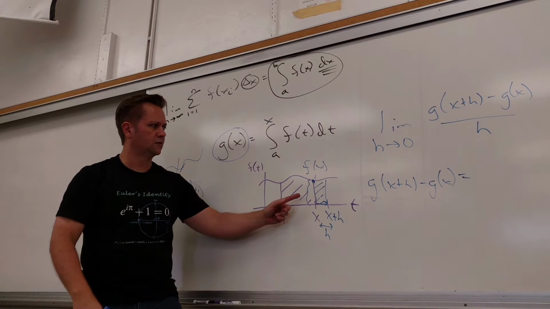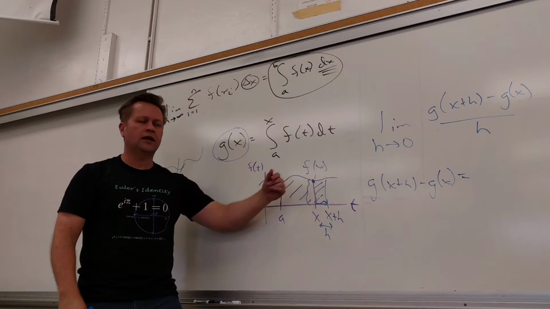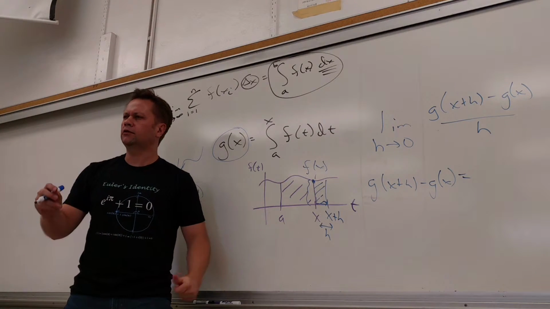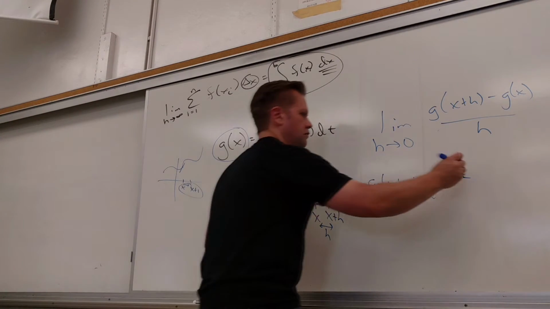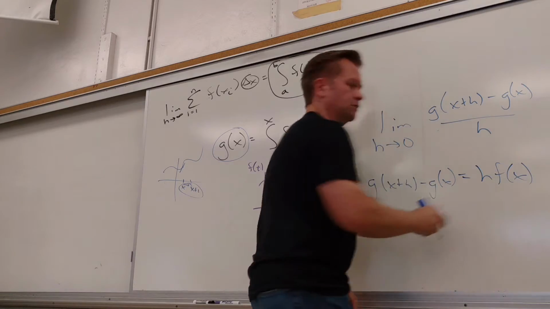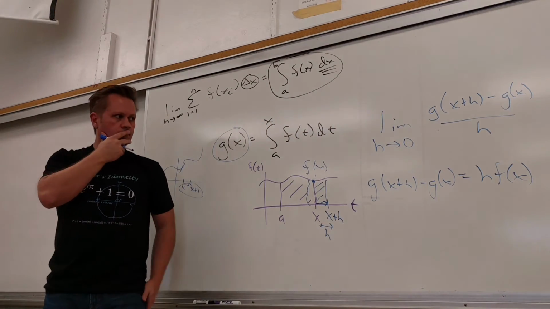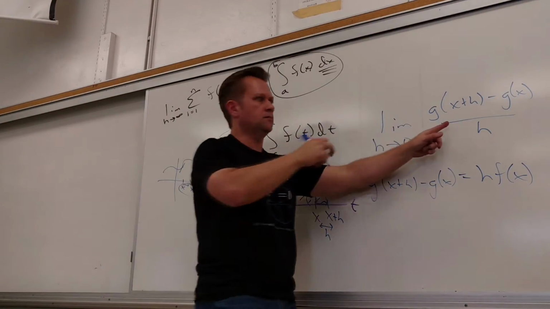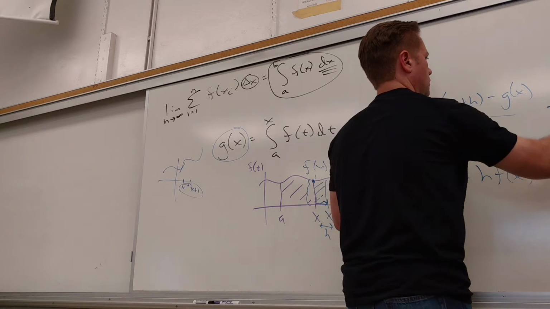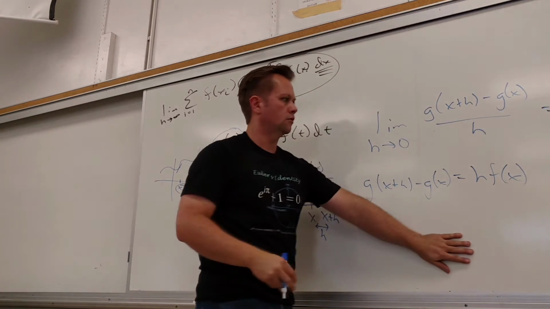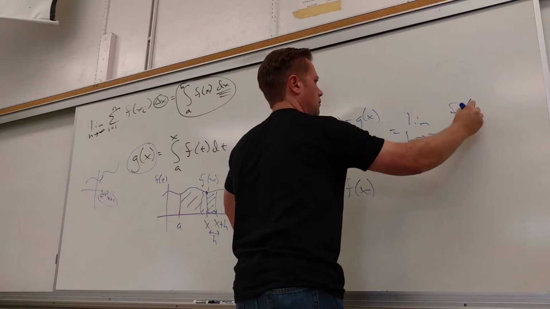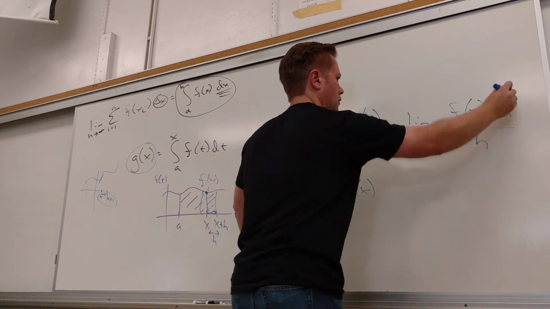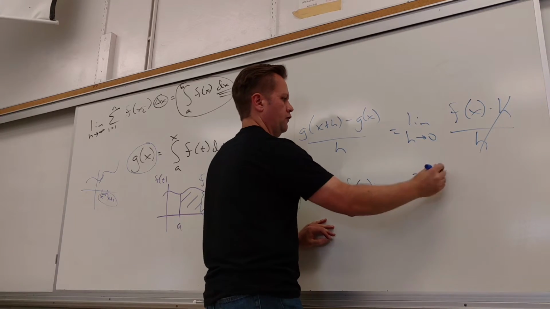How tall is it? f of x. How wide is it? Say again what you said. Times h. Okay, sorry, it sounded like you said f of x plus h. So then what does this become? That goes there. So you get f of x.